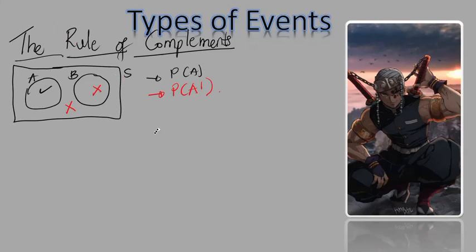So now, there is something that we say. If I do not have A, but I have everything else that is not A, then I can find A. You see that? So I'm saying now, the probability of A, if I have to find it, I'm going to take the number 1, because that's the sample space, and remove everything that is not A. Now, what is everything that is not A?